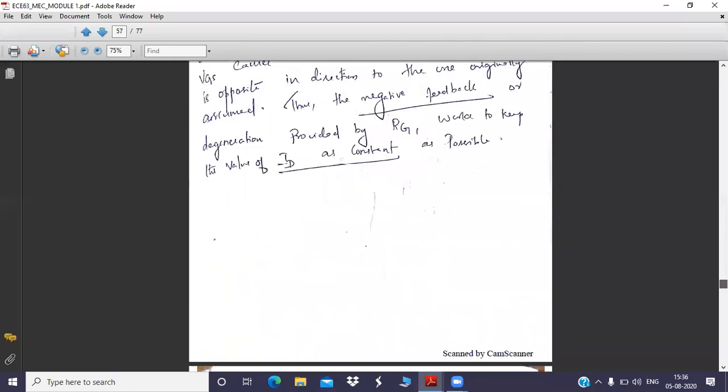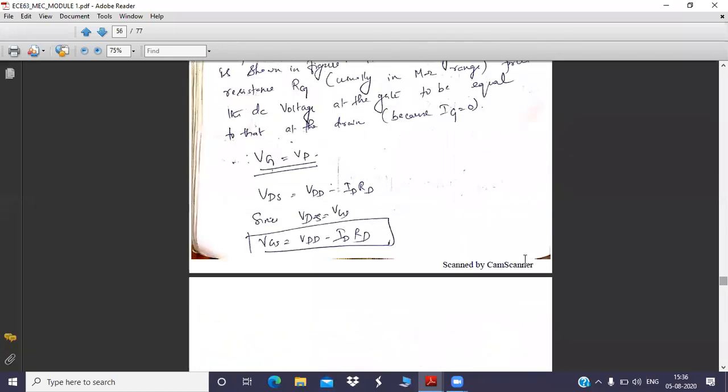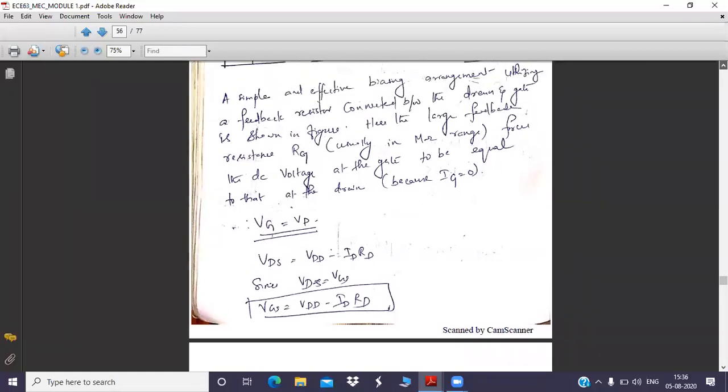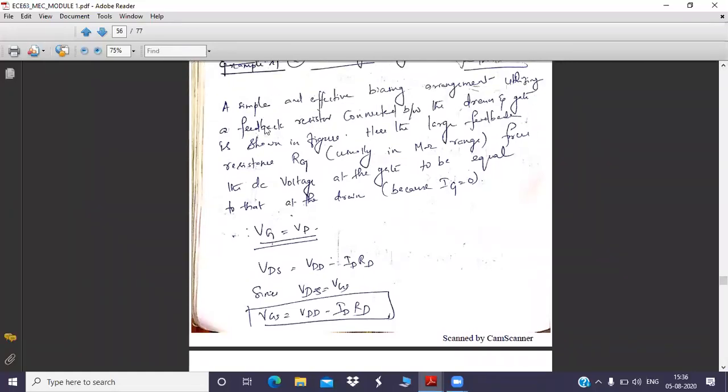That particular case I have written here. See, VG is equal to VD. How did you arrive at this conclusion? VG is equal to VD because IG is equal to 0. That is what I have mentioned here. Now read this sentence carefully and try to understand.